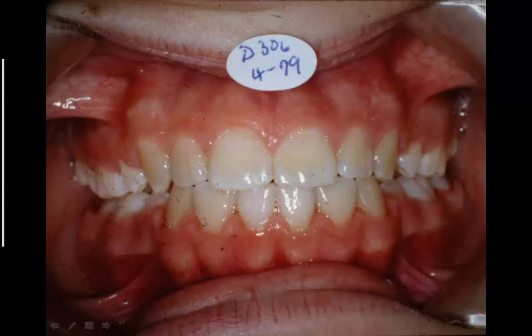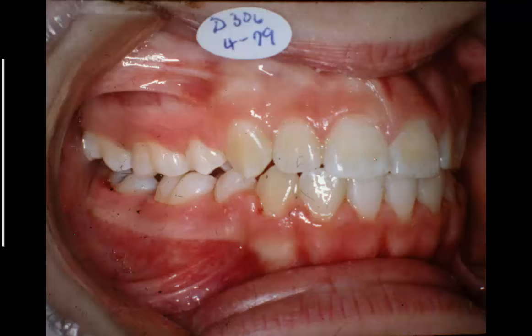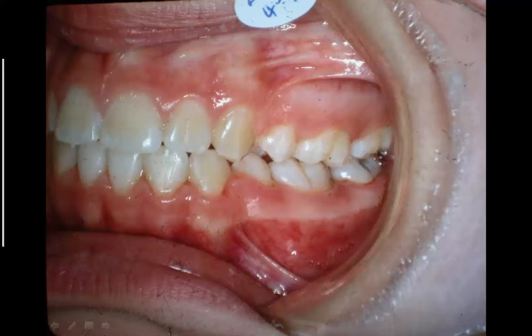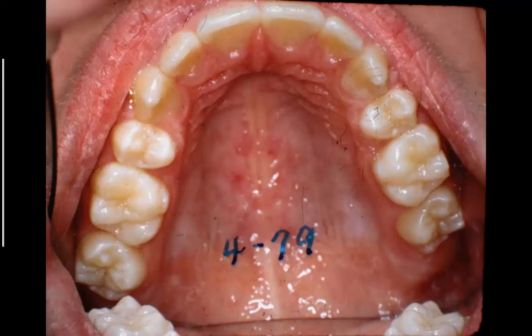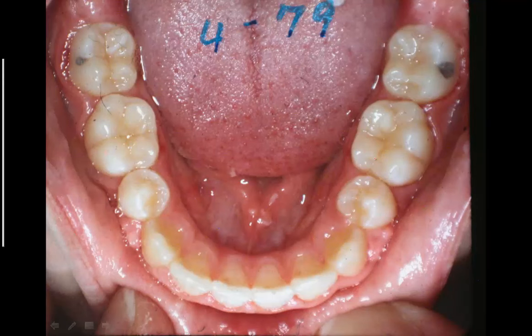Okay, we took her out of that and put her in retainer, and that's 1979. And a fairly decent case, and most likely her wisdom teeth will come in.